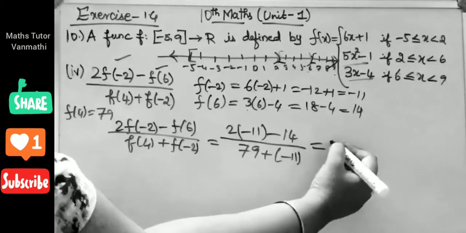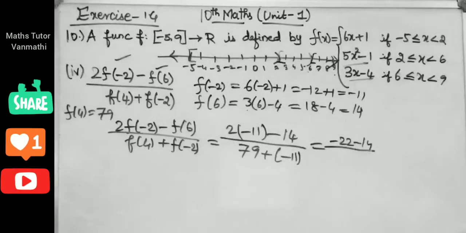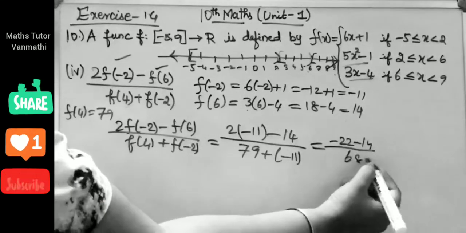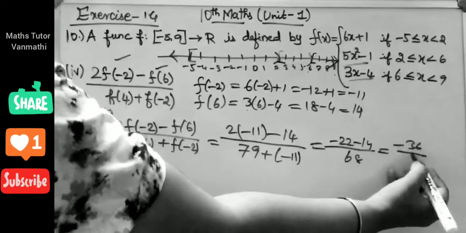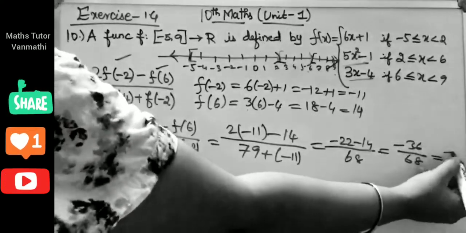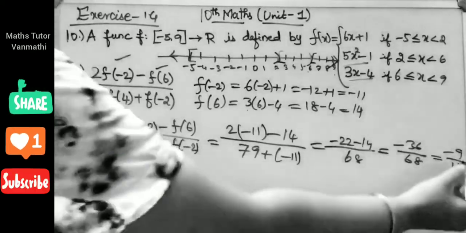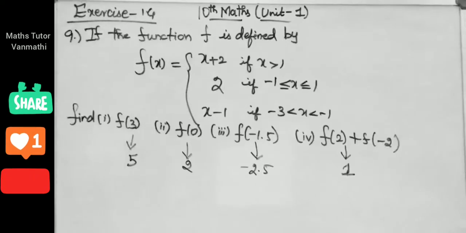Solving you get minus 22 minus 14 divided by 79 minus 11, 68. So your answer will be minus 36 by 68. Further solving you will get minus 9 by 17. Okay, this is your final.